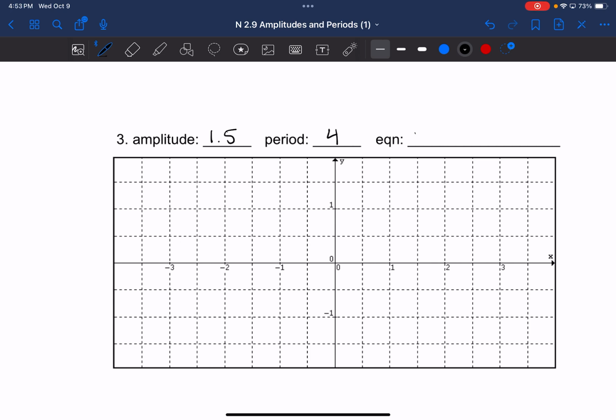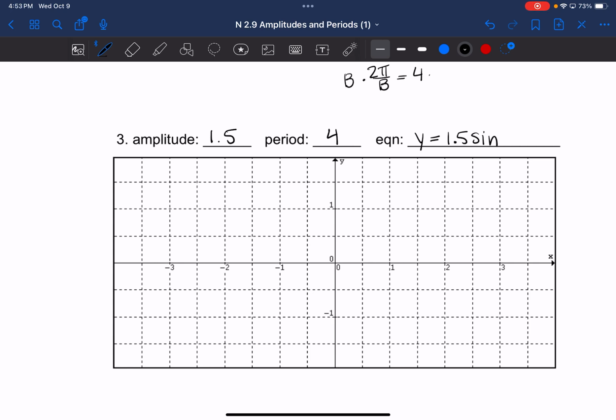So for my equation, I'd have y equals 1.5. We're going to make this a graph of sine. And then I would plug in b. Well, again, I don't know b, but I do know 2 pi over b gives me the period, which I just told you to be 4.